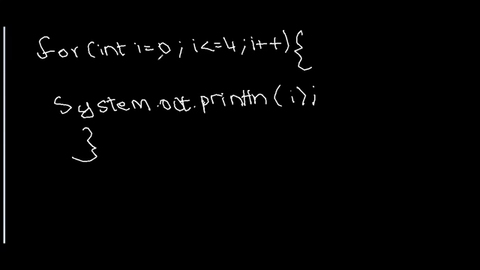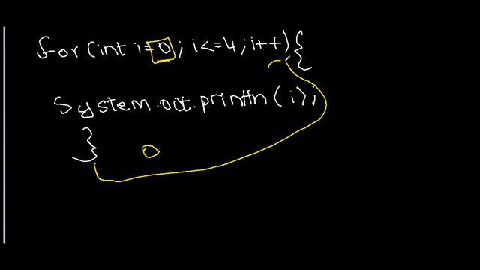So i is originally 0, so it prints 0. It goes back to the loop statement and increases i by 1, so i becomes 1.